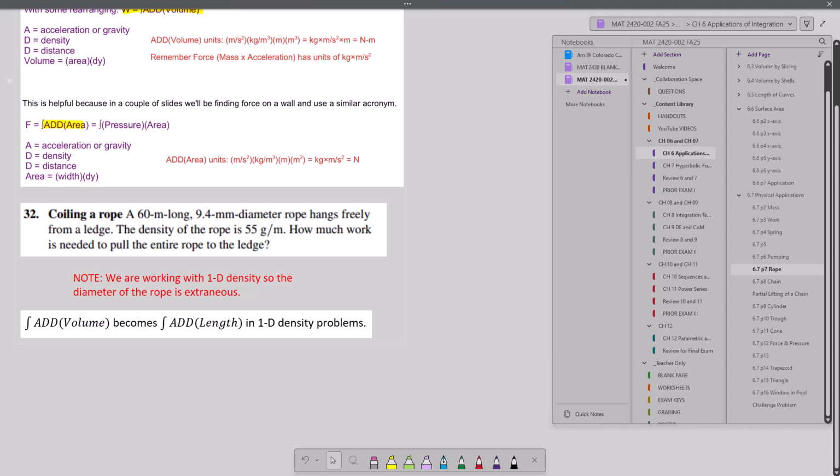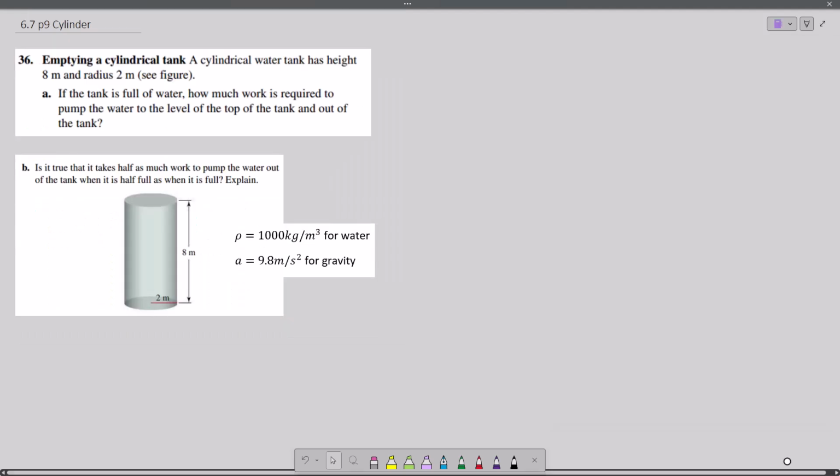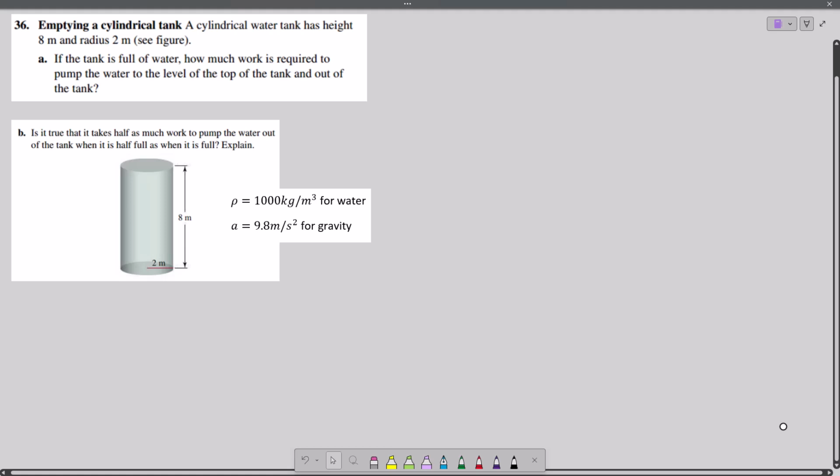And then we can look at, oh, well, when we have one-dimensional density instead of three-dimensional density, how does it change? Let's understand the three-dimensional version first. It will be easier. So let's come down here to cylinder, and then we'll come back to these one-dimensional density things in a moment. But let's do the cylinder first. This is the easiest to conceptualize.